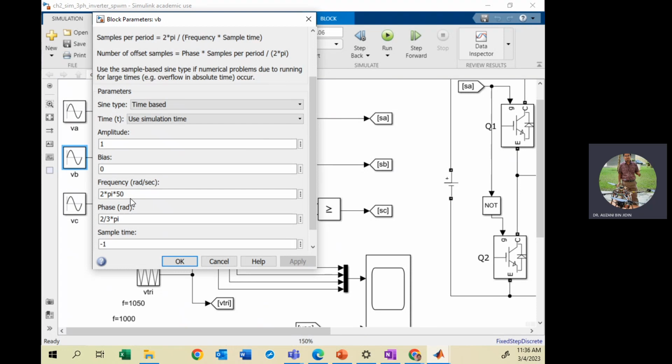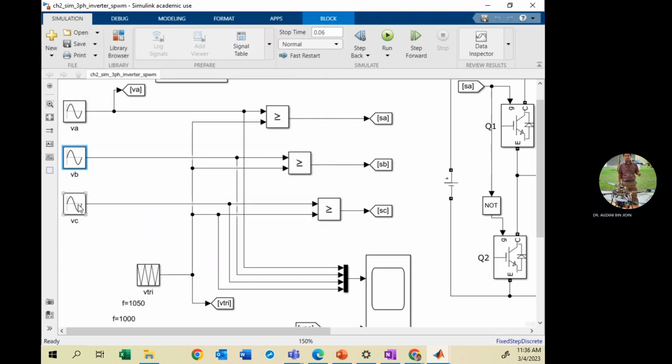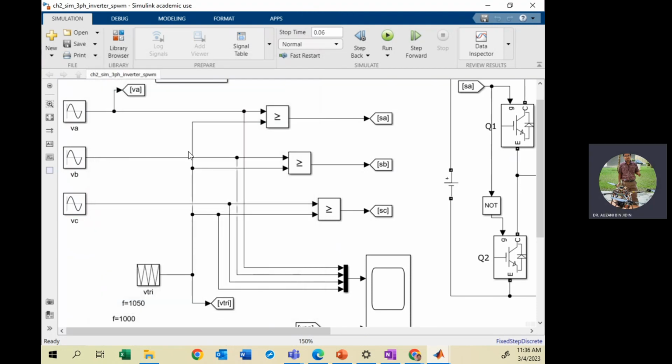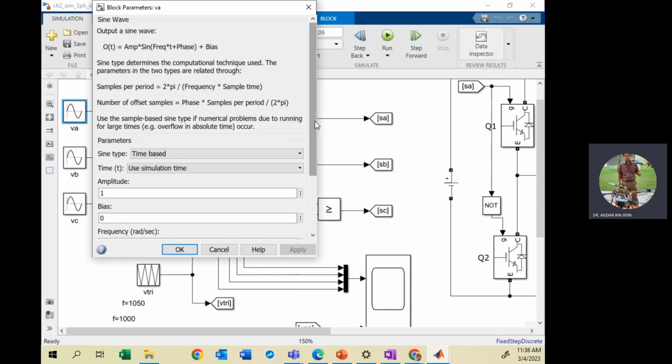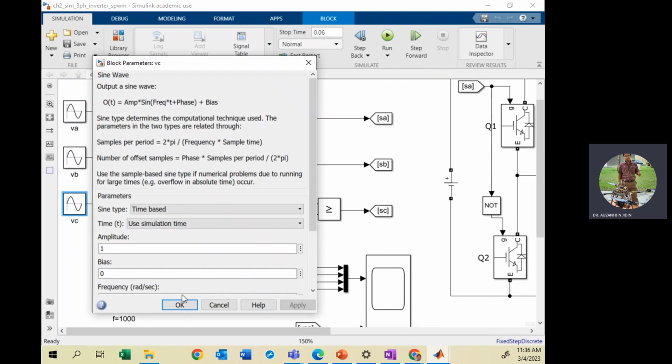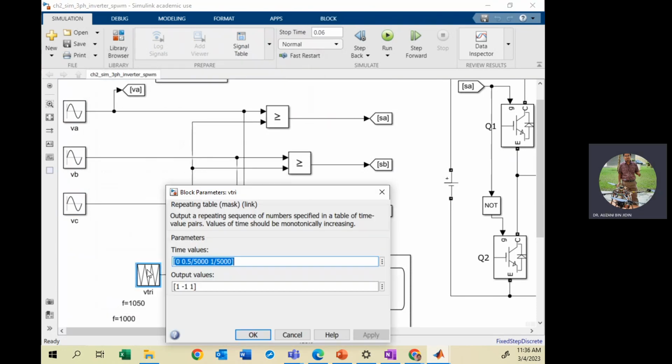This one may lag by 120 and here will lead by 120. Then we compare with the triangular to produce the switching state. In this case, I set the amplitude of A, B, C to 1, and the triangular also 1.